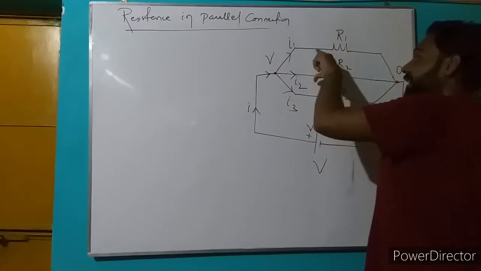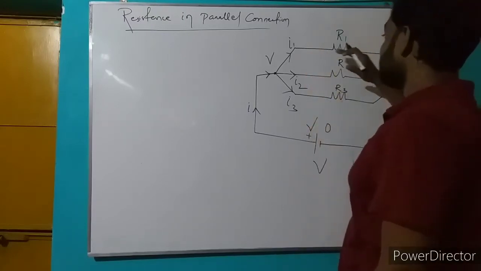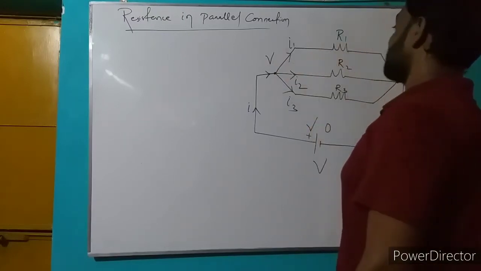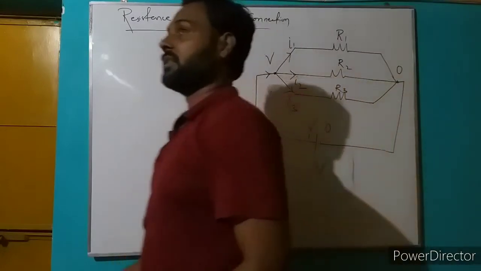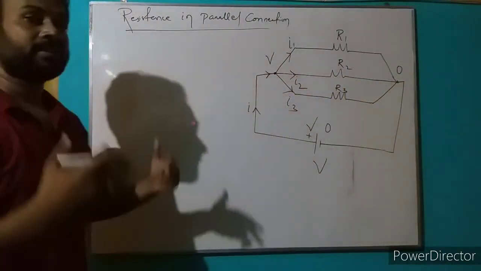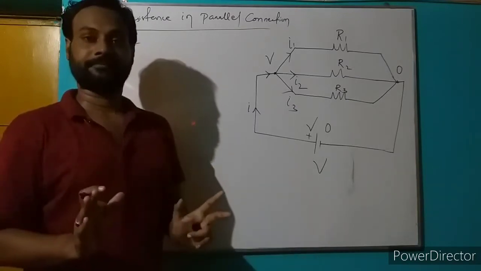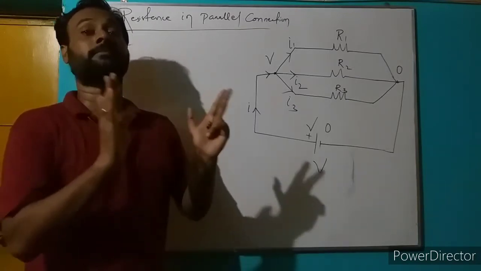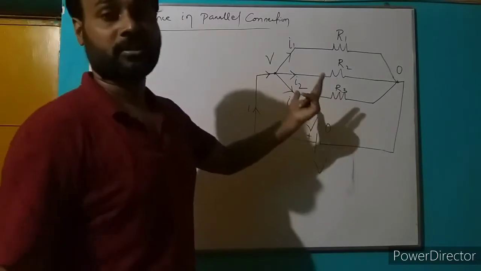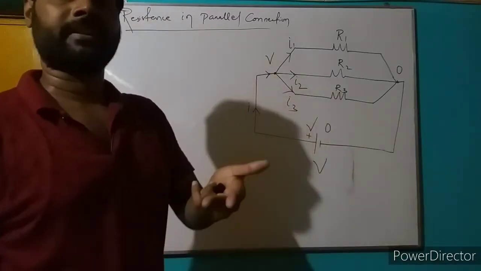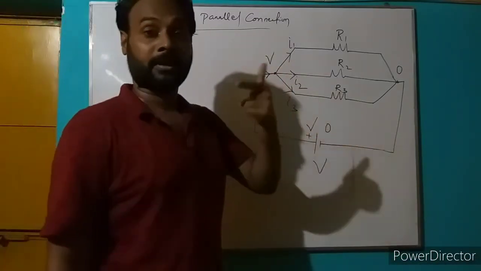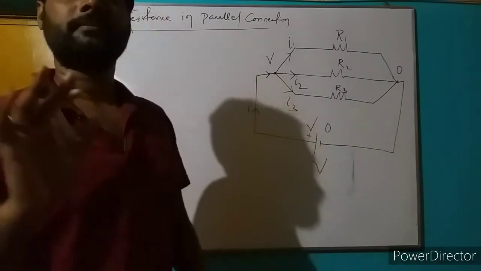That means across each resistor the potential difference remains the same. That's why we can say that the potential difference across resistors remains the same when they are connected in parallel, but the current becomes distributed. That means currents remain different in parallel connection, but potential difference remains the same.